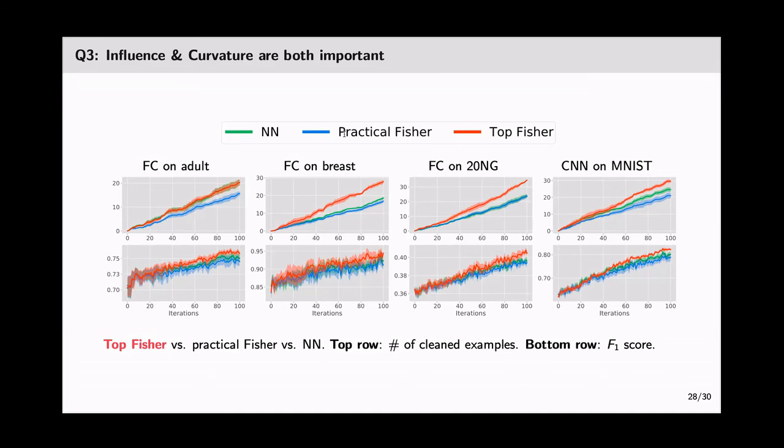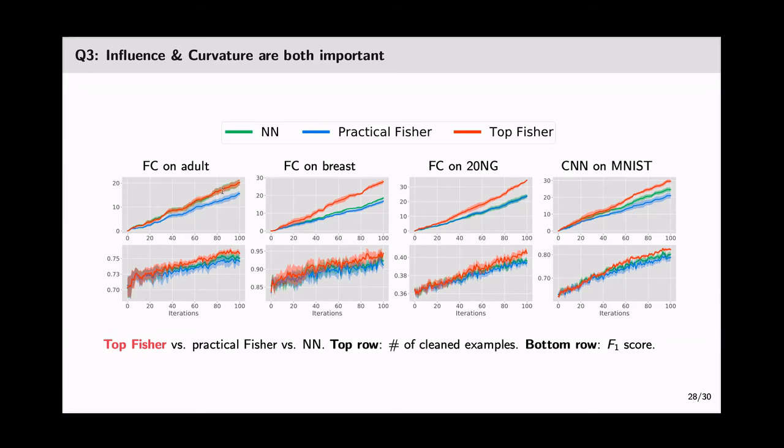Practical feature is another alternative way we can compute the feature information matrix. And again, here we can see that the red line is above the other competitors, both in number of clean examples and according to the F1 score.